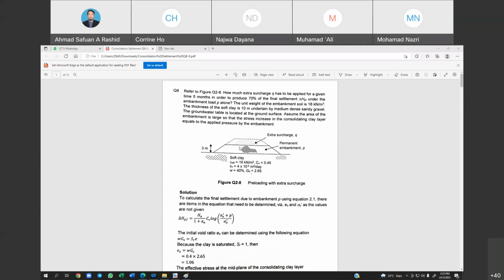Dia ada calculation dia. Dia tak boleh lebih 0.7, cannot exceed 0.7 from the original pore water pressure. So if greater, definitely the embankment will collapse.